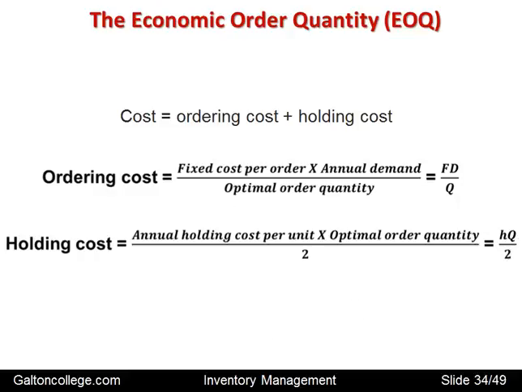So we've got the ordering cost and the holding cost. Now if we add both together, because the top equation tells us we must add both together to get the total cost, the total cost is just the fixed cost times the annual demand divided by the optimal order quantity, plus the holding cost per unit times the optimal order quantity divided by 2.